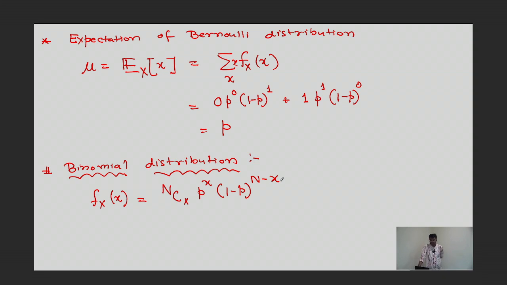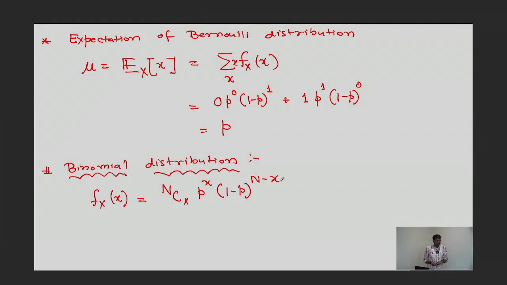There is a limiting condition of the binomial distribution, which is quite interesting. Suppose the number of trials n tends towards infinity. So I am performing a lot of trials, and the probability of success p is very low.